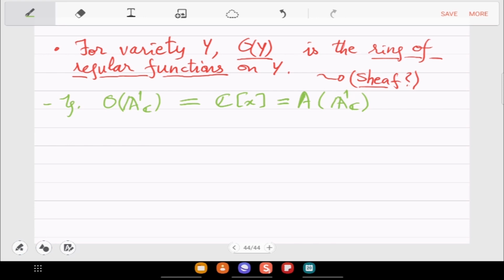So the second example is what Madhavan was saying. What do you think is the ring of regular functions of the projective line? What is this?